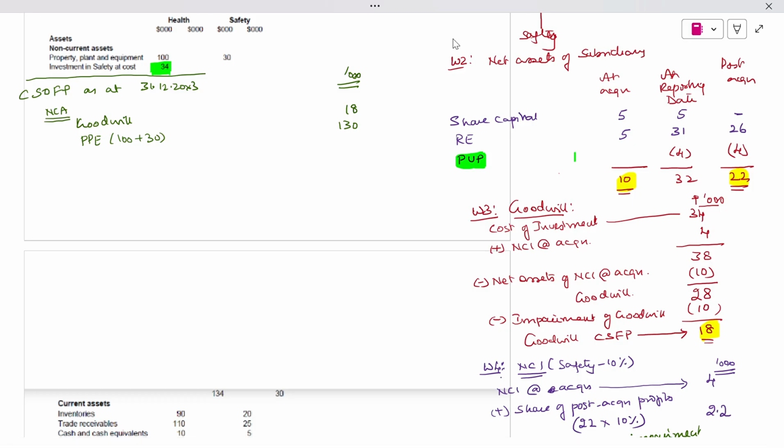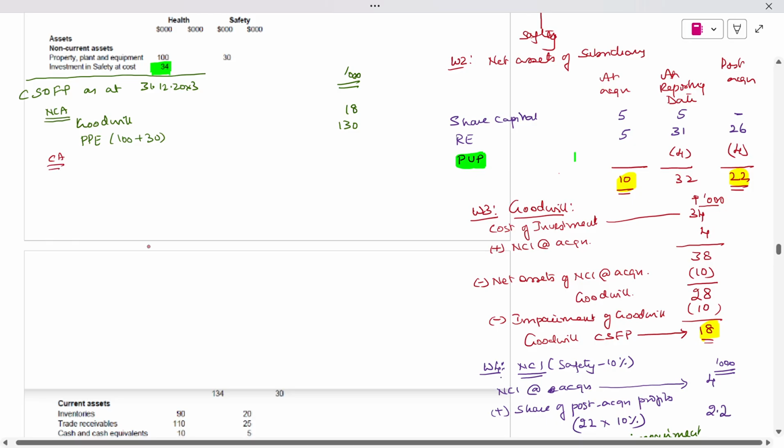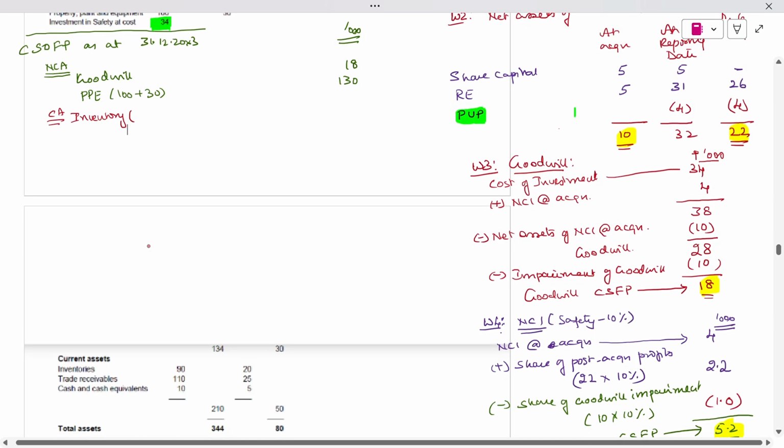Yes. Next, current assets. We don't have anything, only the unrealized profit we have to remove in inventory. How much is the inventory? Inventory is 90 plus 20 minus 4. This is the portion of unrealized profit.